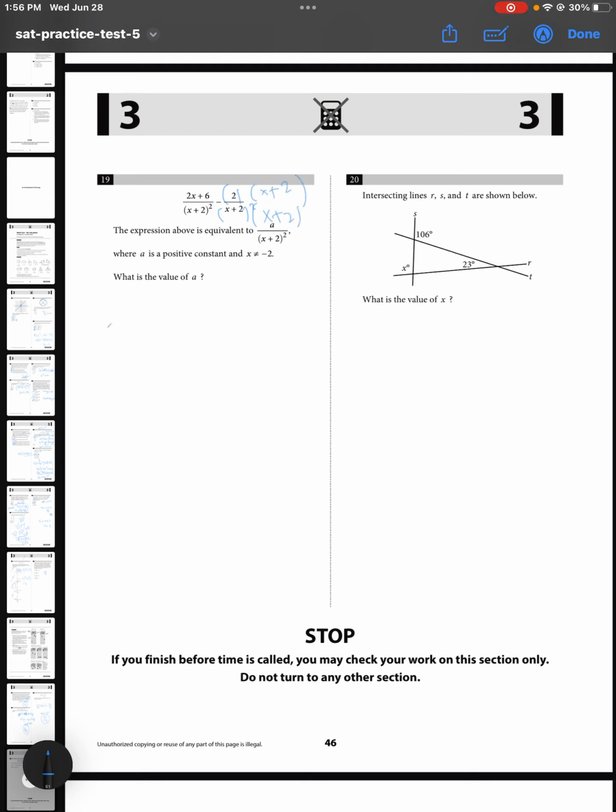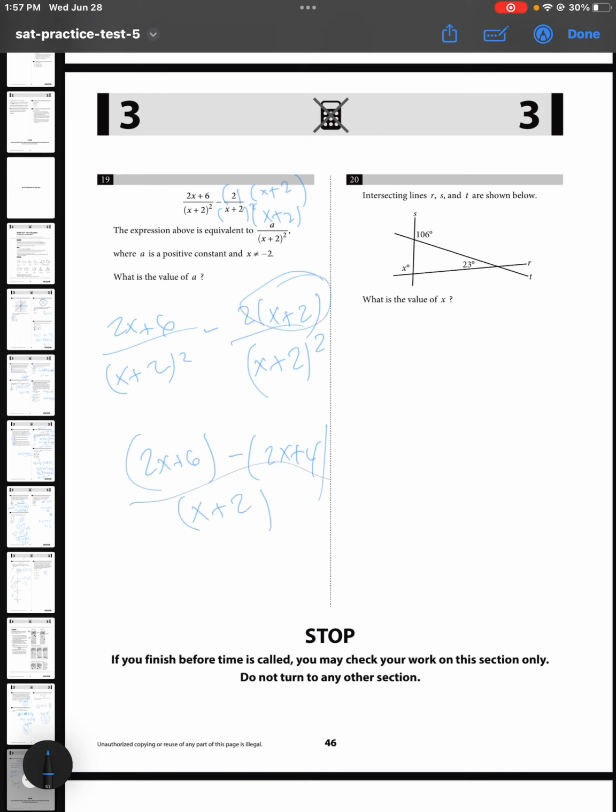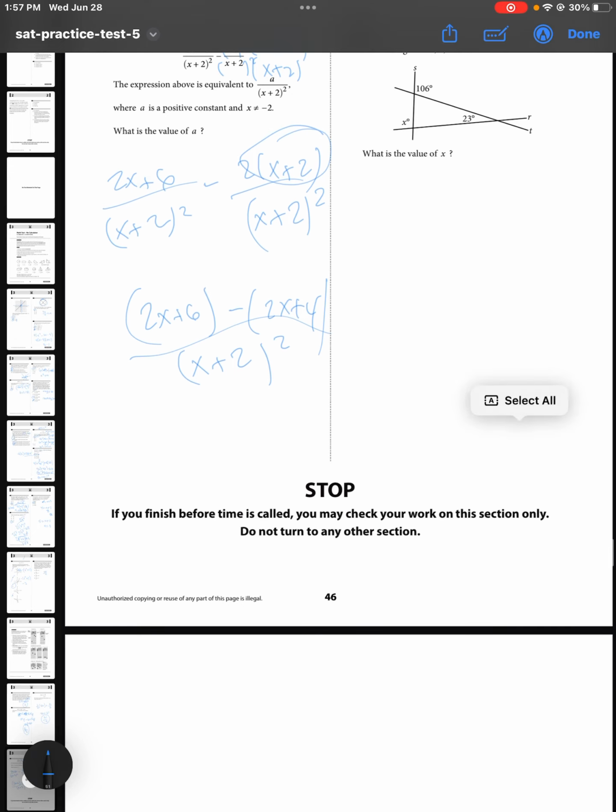So then we have 2x plus 6 over x plus 2 squared minus 2 times x plus 2 over x plus 2 squared. So 2x plus 6 minus 2x plus 4, all over x plus 2 squared. So 2x's cancel out, and then 6 minus 4 is just 2, so a is 2.